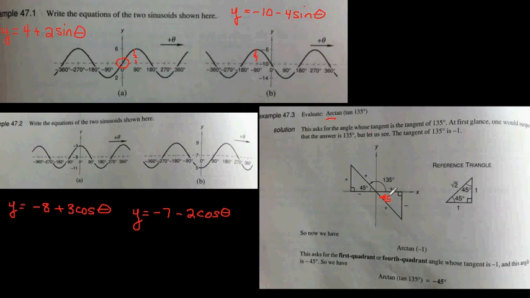So it would be negative 45 degrees. But just be careful when you're asked the arctan of something, it has to be in these quadrants. If it doesn't end up being in these two quadrants, you need to extend your lines down and put it in the right quadrant. So the final answer for this is negative 45 degrees. So that's it for lesson 47.